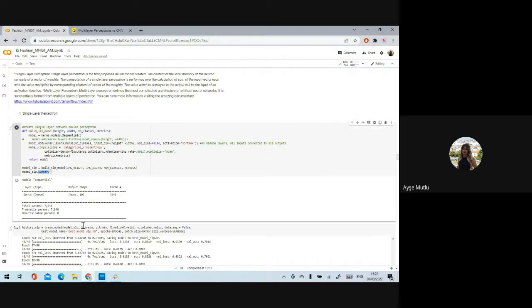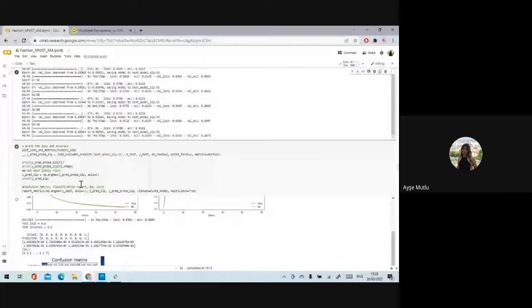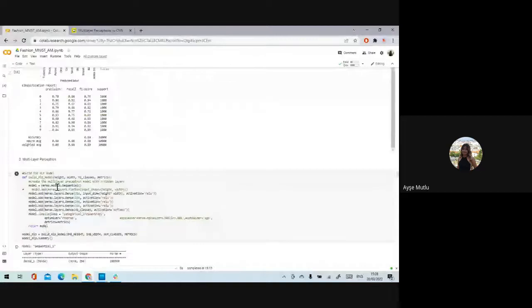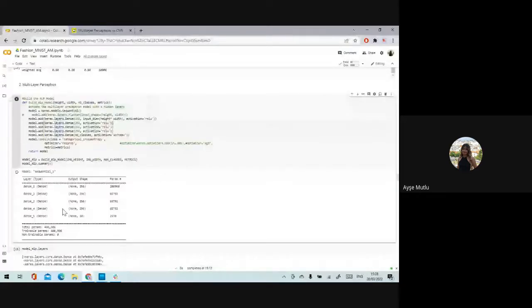Then we trained the model and printed the loss and accuracy. We did the same thing for the multi-layer perceptron model. The only difference was adding more hidden layers, then compiling and training the model.